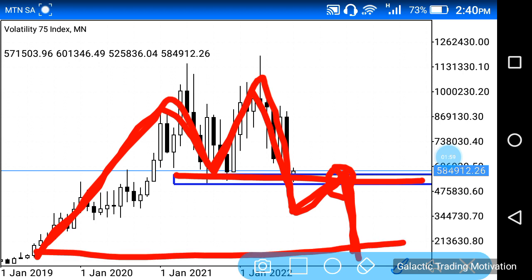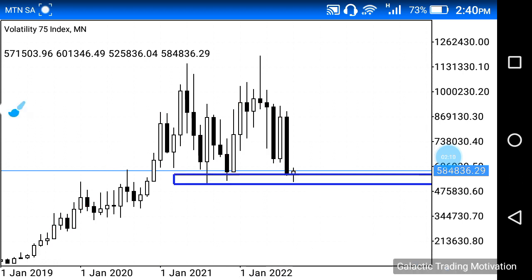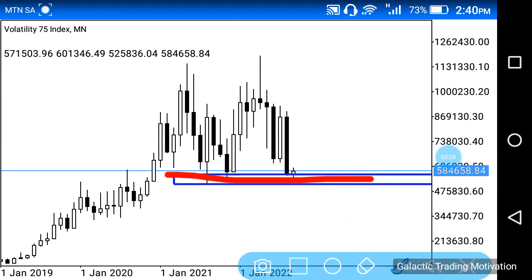So as I said, I would look for possible selling opportunities once the market has broken below that neckline and goes back to test it again. But for now I won't necessarily be looking for selling opportunities, as price is at a very strong level of support, and we have multiple rejections on that area, right?